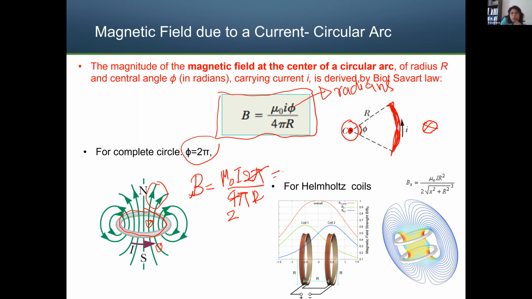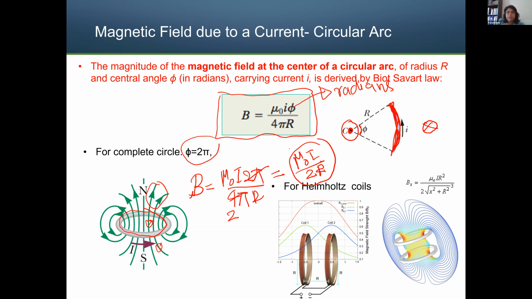That means for a full circle, we have B equal to mu naught I over 2R. Okay, that will be for the full circle. If it is a half circle, then your angle will be just pi radians. So then you need to accommodate according to that, right?